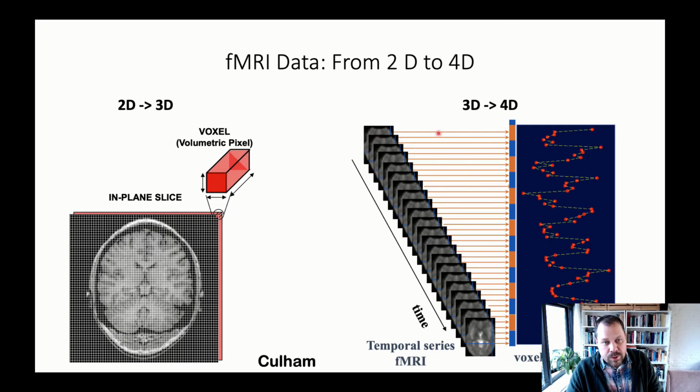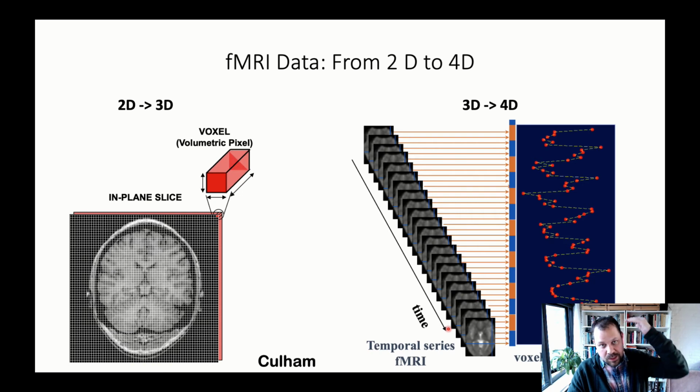So moving from 3D to 4D means basically recording multiple volumes across time. So we start, let's say every 2 seconds, we record a whole new volume. So the scanner starts at the bottom, records until the top, and then starts again at the bottom.